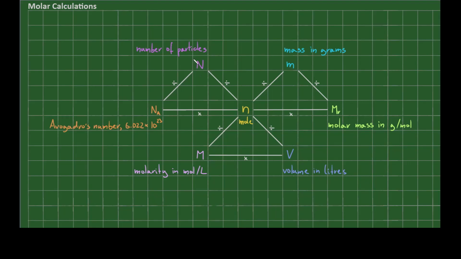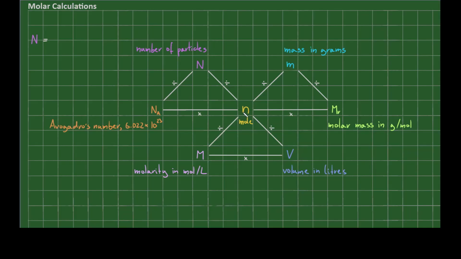Suppose somebody is asking me to calculate the number of particles of a particular compound. So I'm after capital N. What does capital N equal to? To answer that, I look at the triangles. Number of particles are in the same triangle as Avogadro's number and number of moles.